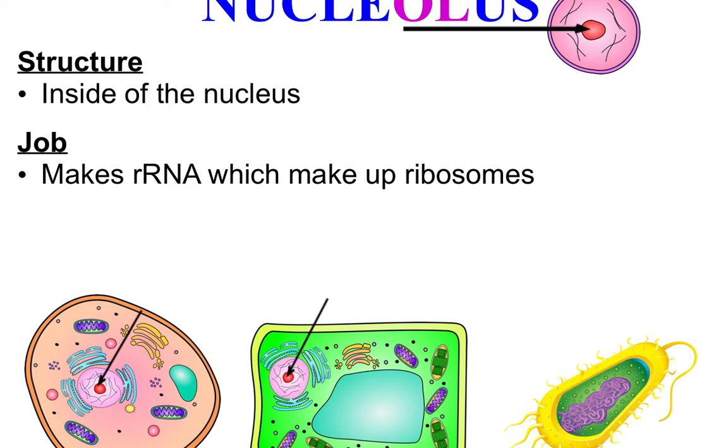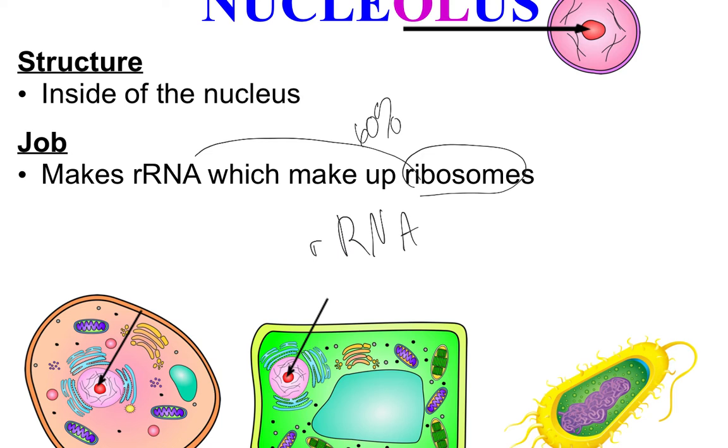Inside of the nucleus is a structure called the nucleolus, and its basic job is to make rRNA, and ribosomes are comprised of this rRNA. Well, actually about 60% of ribosomes are made up of rRNA, and the other 40% is made up of proteins.